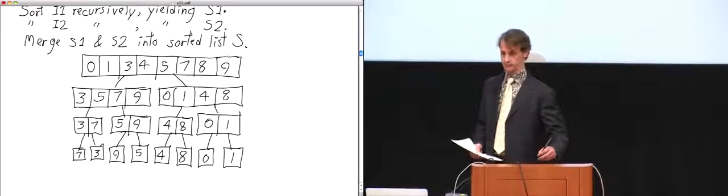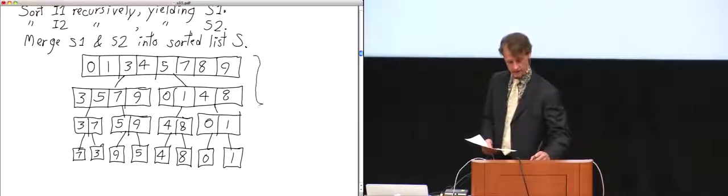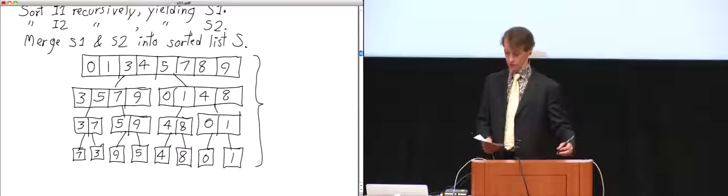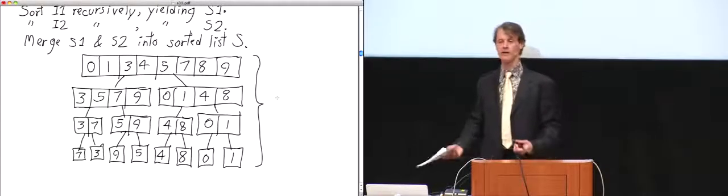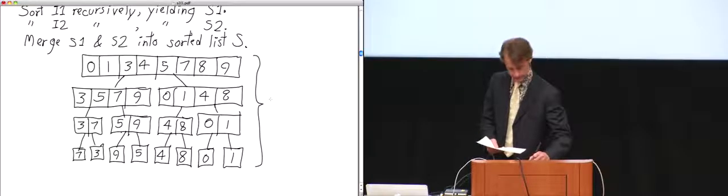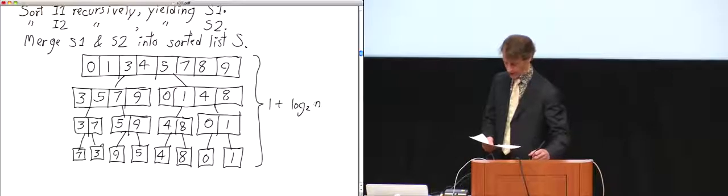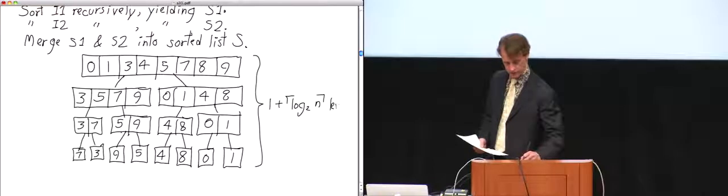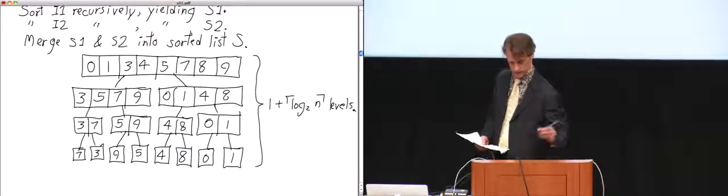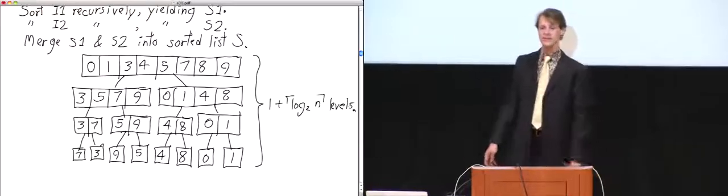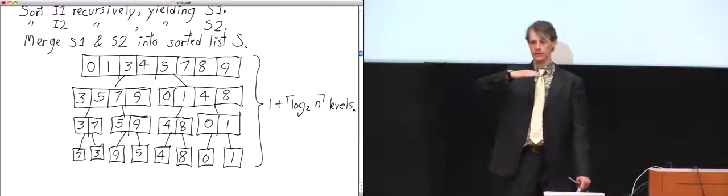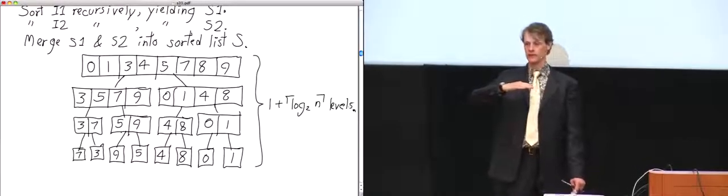What about the running time of this? Well, let's count how many levels there are in this recursion tree. It turns out that if you have n items you want to sort, then you're going to get 1 plus the base 2 logarithm of n, and you take the ceiling of that, and that tells you how many levels there are in this tree. So that's a really useful piece of information, because at every level of the tree, we're doing the same amount of work.